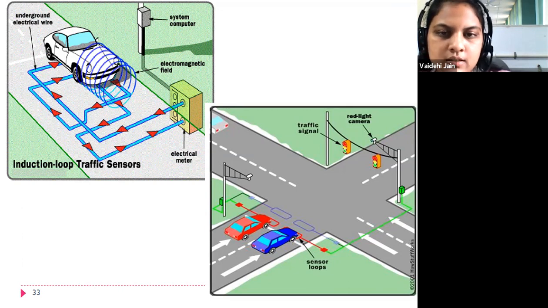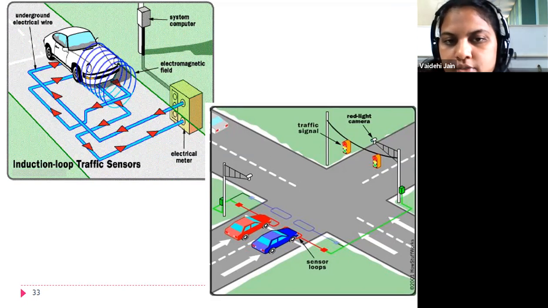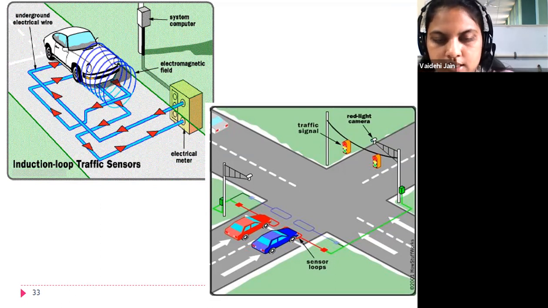This type of detail can be sensed by this inductive loop sensor, and then it is provided to the roadside units or the computers or any devices connected to it. By use of this you can have this information, and then you can analyze it.